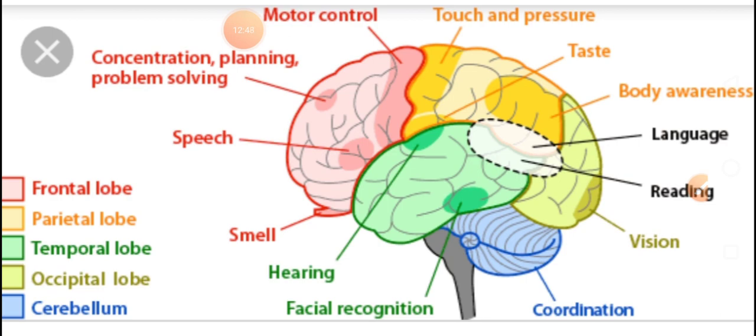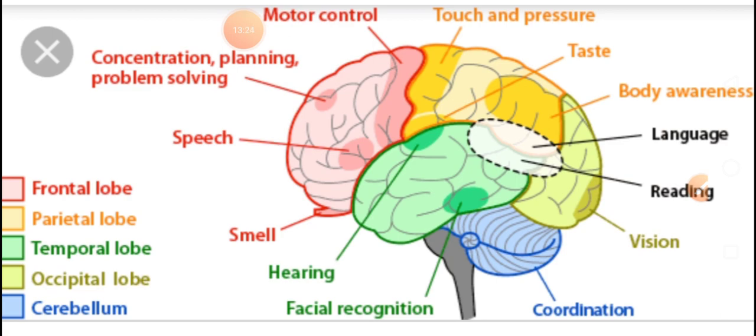Brain is further divided into three regions: forebrain, midbrain, and hindbrain. Forebrain is further divided into four lobes: frontal, parietal, temporal, and occipital. These lobes have specific areas, and they are receiving the message from these areas only.